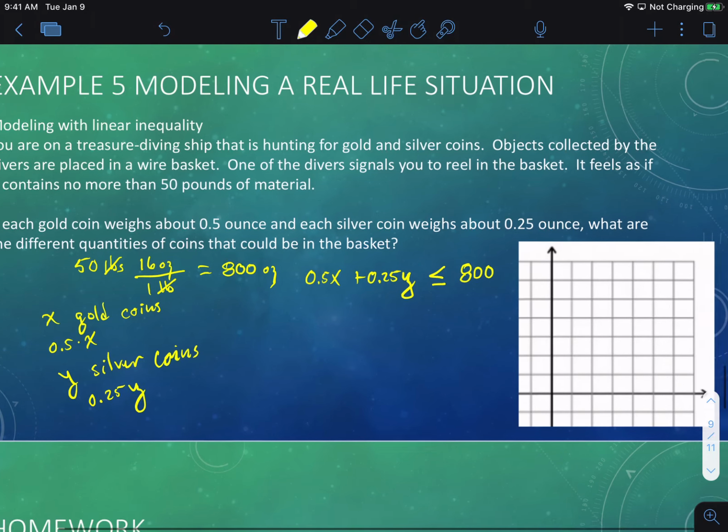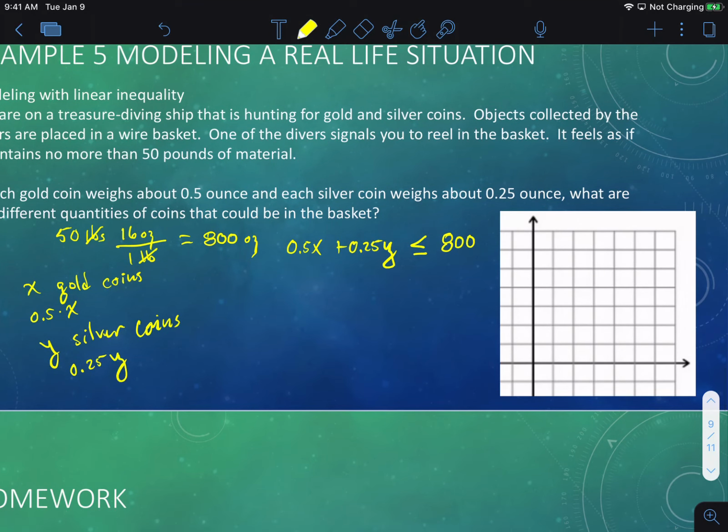So here we are. We can go ahead and graph this, and let's do it this way. I'm going to change these to fractions. And actually, we can get rid of our fractions if we just multiply everything by 4. And watch what happens.